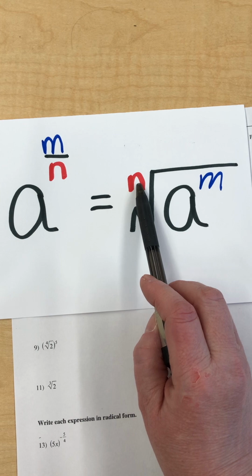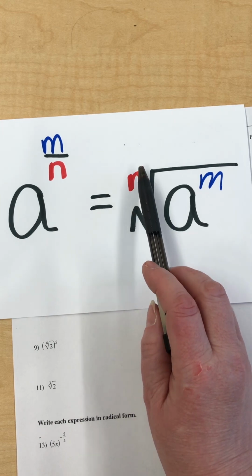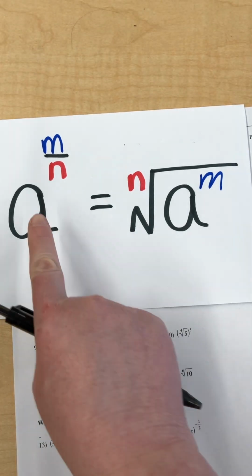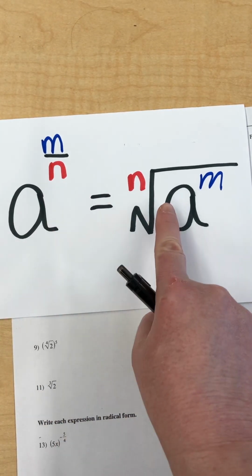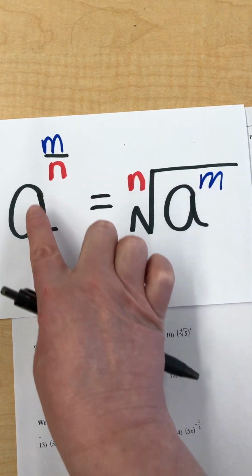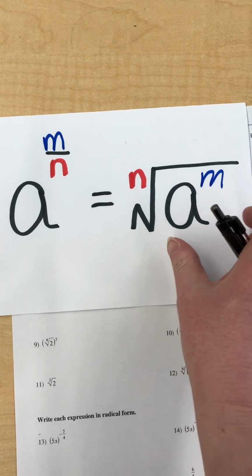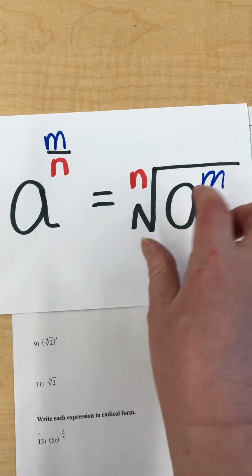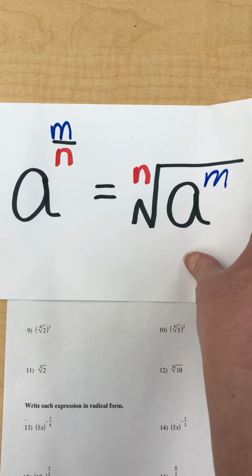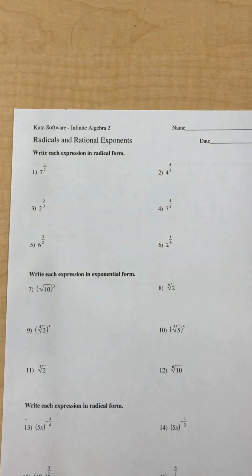So square root, cubed root, fourth root, sixth root, whatever number would be here. You need to know how to go from here to here and from here to here. So make sure that this is in your notes so that you have that ready to go, because this is going to have to be memorized. Okay, so we're going to keep this in mind, and I'll keep pulling it back if we need to.